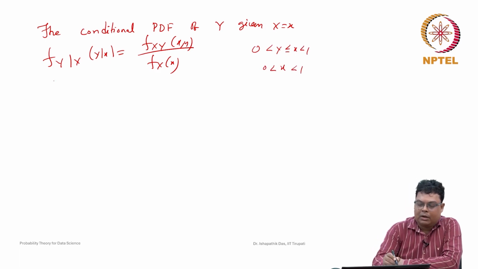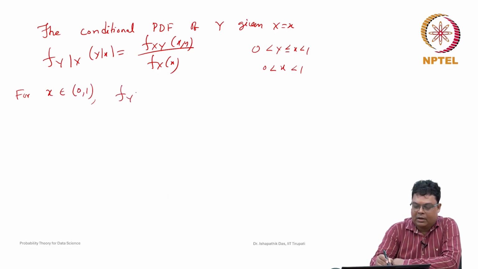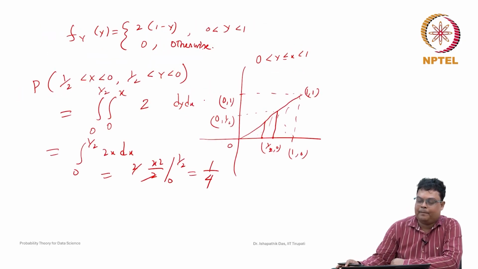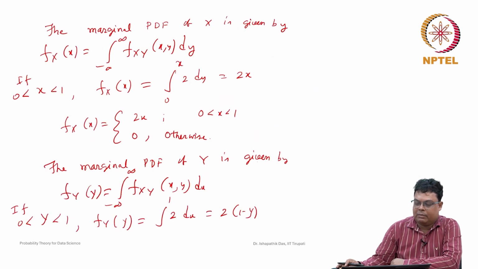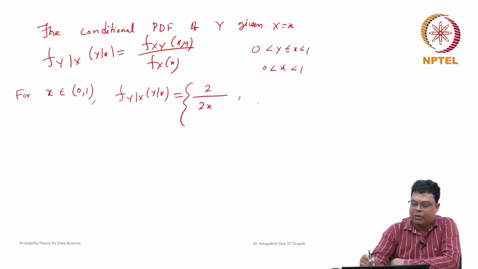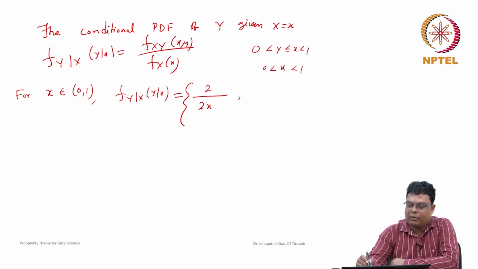So for x belonging to the open interval (0, 1), f of y given x can be written as f of x, y which is 2, divided by f of x which we have found to be 2x.